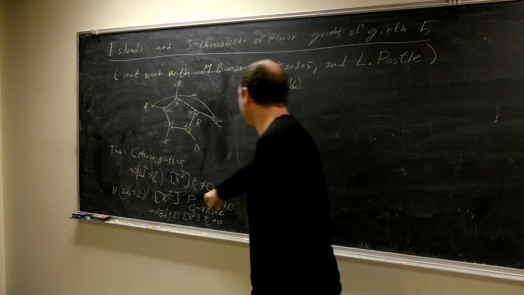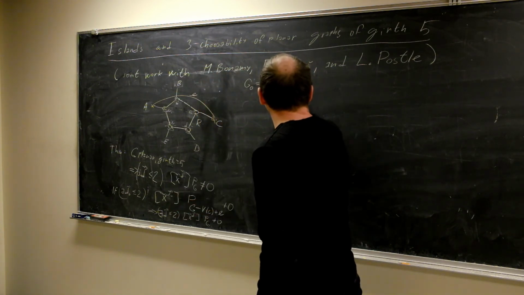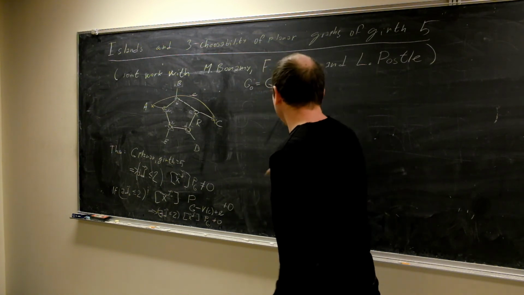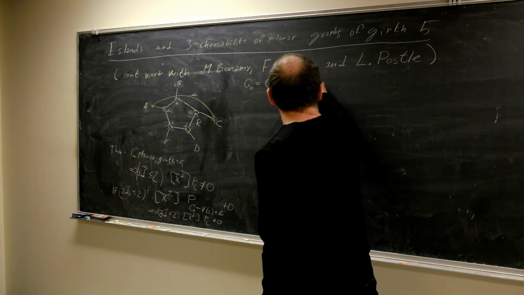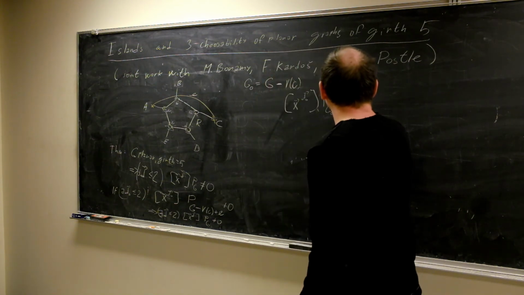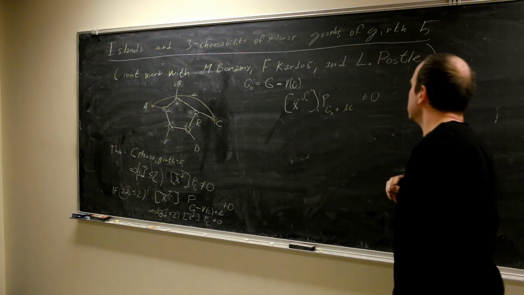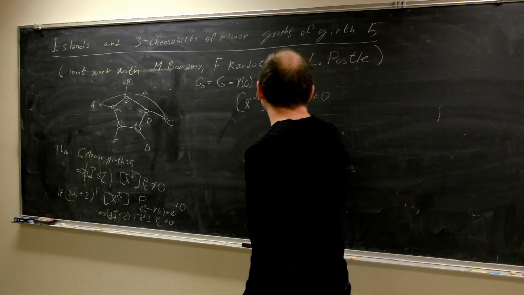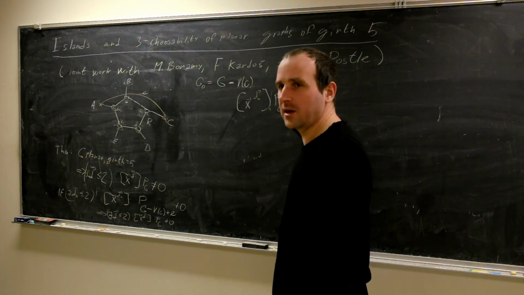so okay, we have this assumption that we have some d0 such that x to d0 of this graph, so G0 plus this edge AC, is not 0. So this is the same, because well, this polynomial is the polynomial of G0 times xc minus xa.